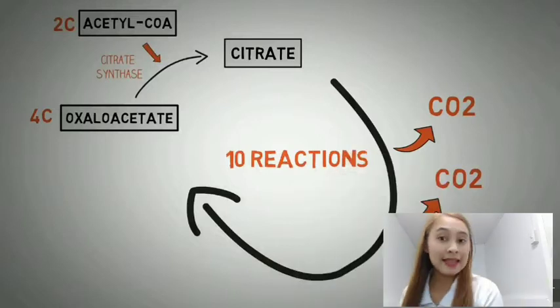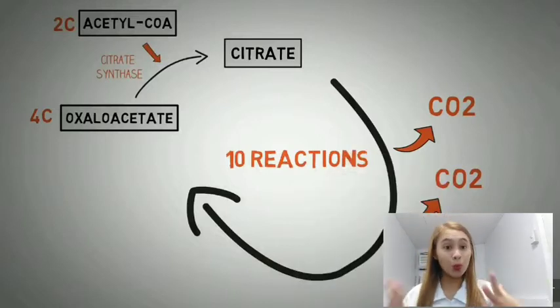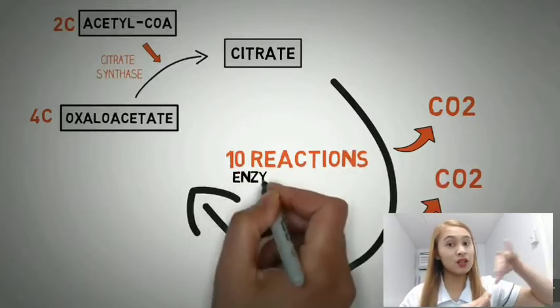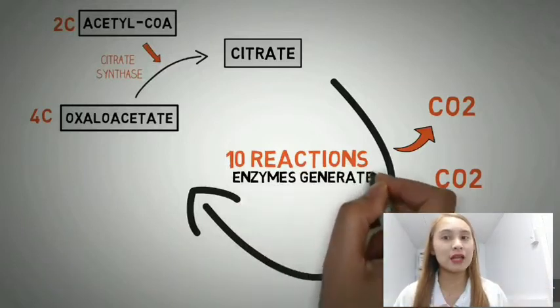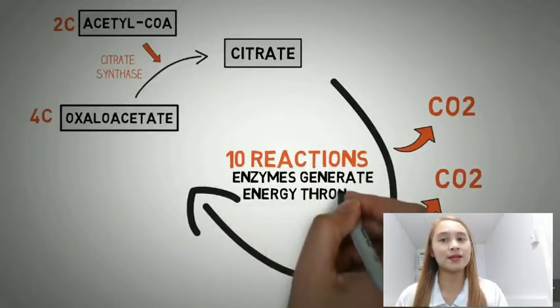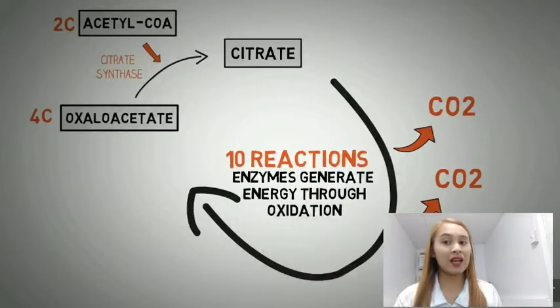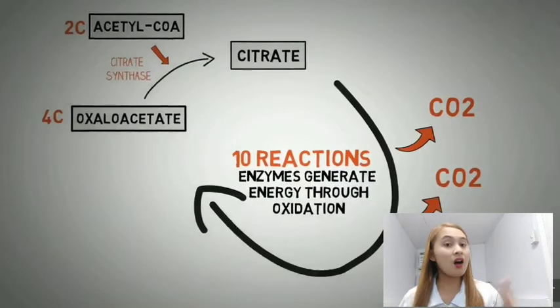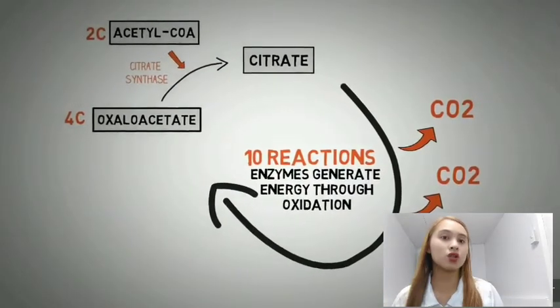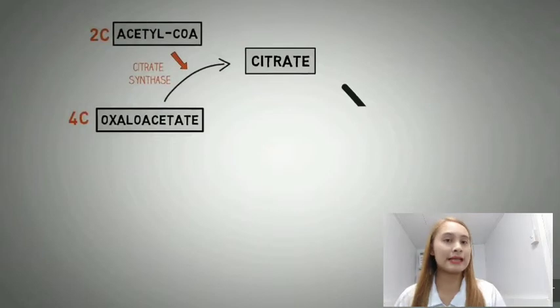So there is a 10 reaction process which loses carbon dioxide, 2 molecules of carbon dioxide. So enzymes generate energies through oxidation. So the very process that we are going to discuss is the oxidation reduction reaction. So that is only the first step.